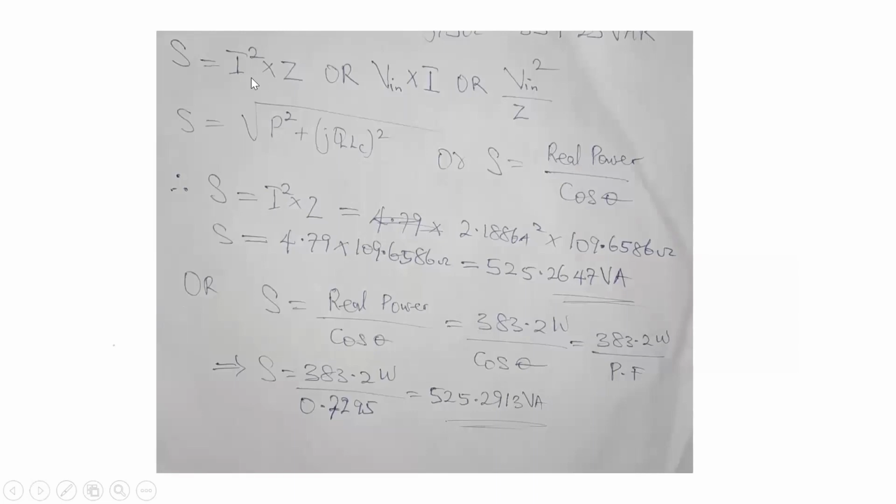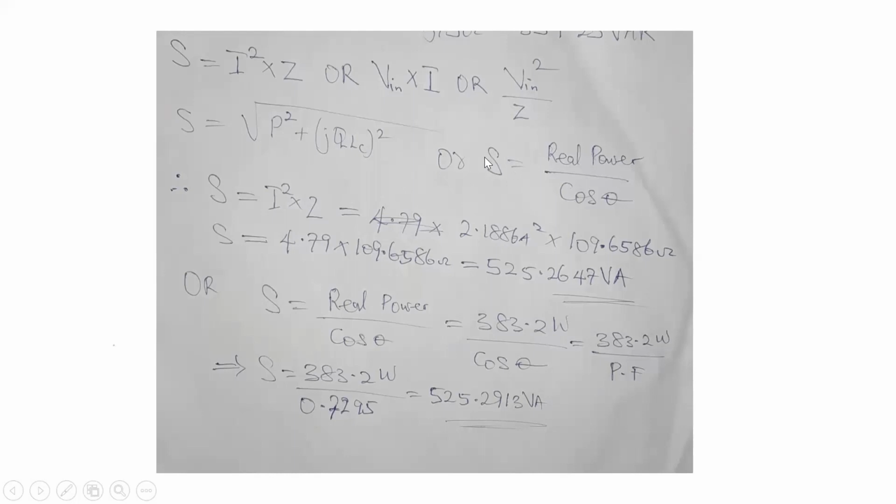Then apparent power, which is square of current times impedance, or the input voltage times current, or input voltage square over impedance. Or you say that it is equal to the square root of P squared, real power squared, plus the square of the reactive power.